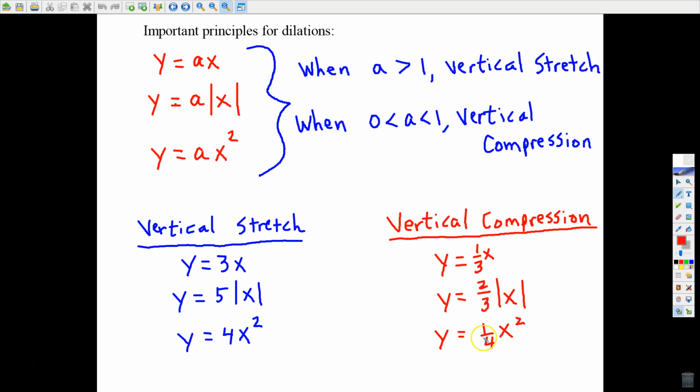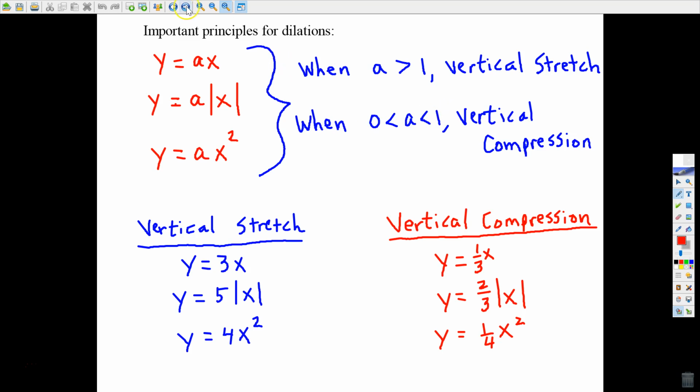Whenever we have this case, we have what is known as vertical compression. One way of thinking about that is pushing down on a graph and causing it to spread out. As the force is pushed down on a V shape or a U shape, it causes it to spread out, get fatter.